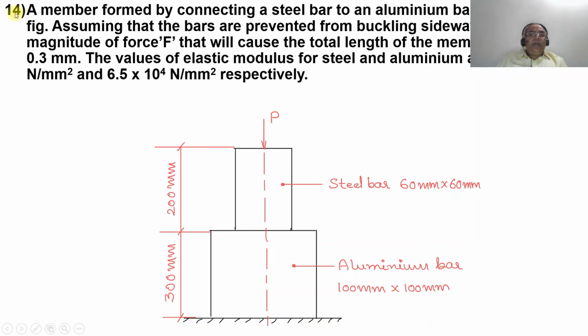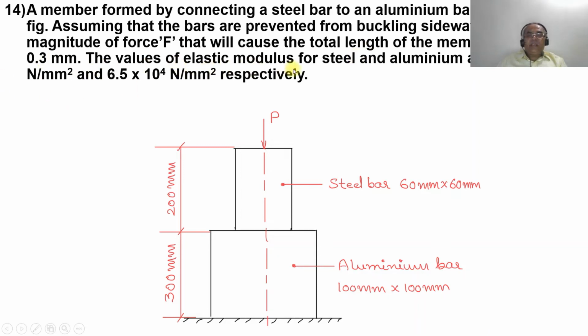The problem number 14. A member formed by connecting a steel bar to an aluminium bar as shown in the figure. Assuming that the bars are prevented from buckling sideways, there is no buckling. Calculate the magnitude of the force P or F that will cause the total length of the member to decrease by 0.3 mm.